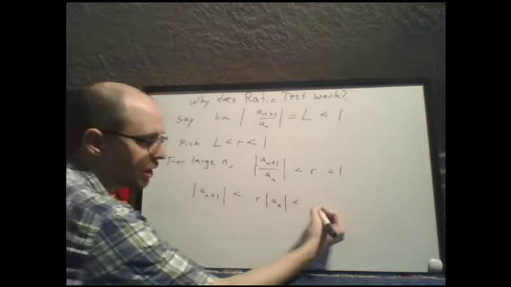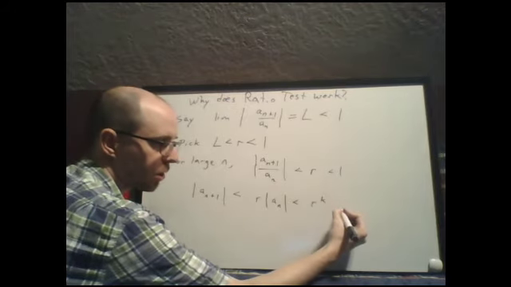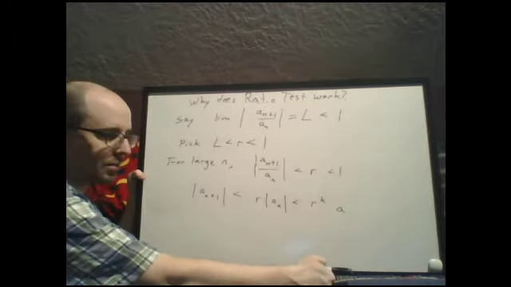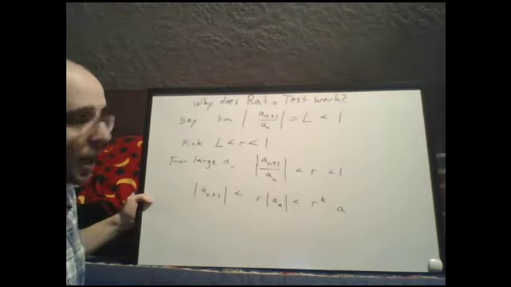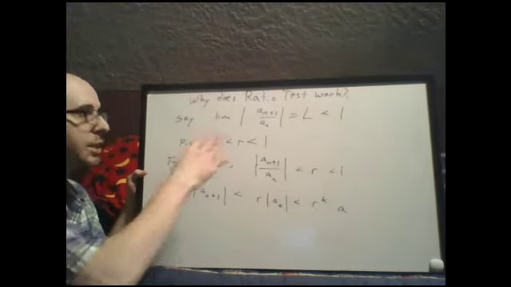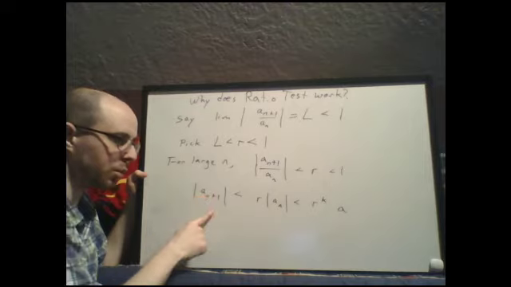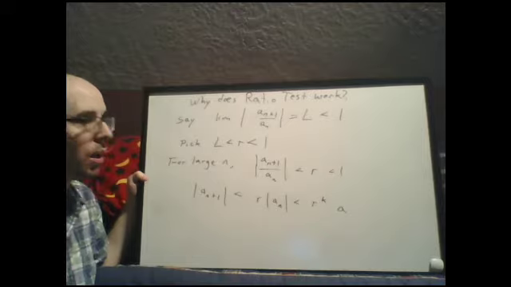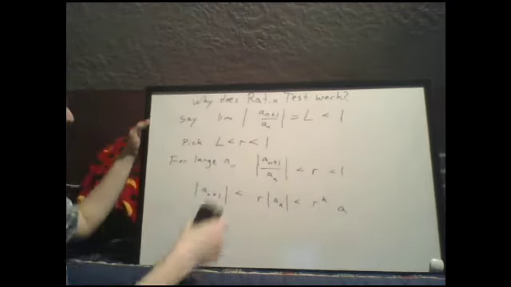If I repeatedly do this, this turns into R to the K times some starting number A, where K is the number of steps beyond that specific term A. I don't want to get into it, but you can read the details in the textbook. The ratio test works because when this is true, I can compare my sequence to some convergent geometric sequence. On the other hand, if this limit was bigger than 1, I could fit R.